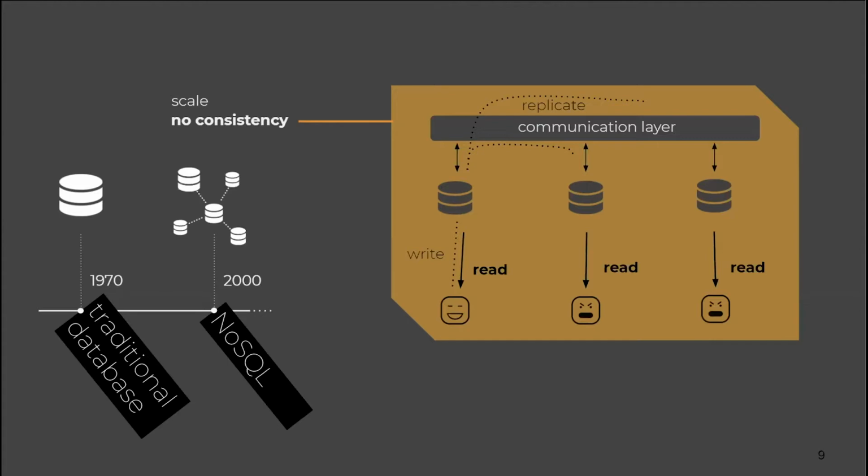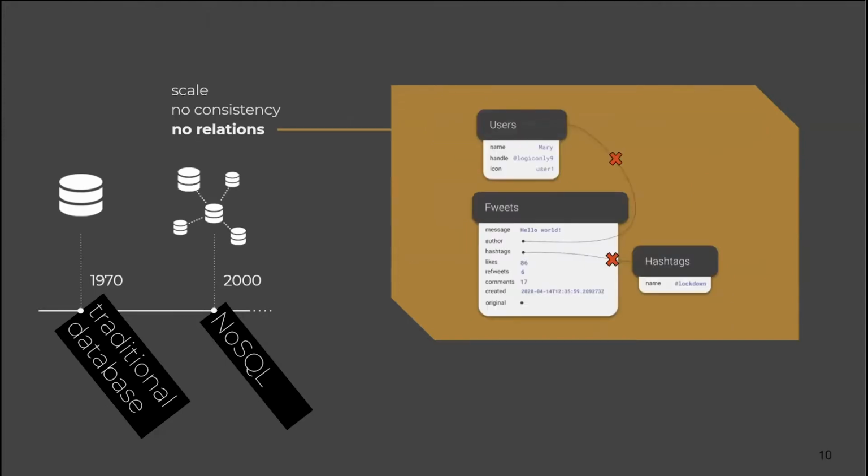So that's eventual consistency. And in that case, it might also be the application that is reading, which might make it very, very hard to write your business logic correctly. And they also did not provide relations. So it was also typically missing in NoSQL.